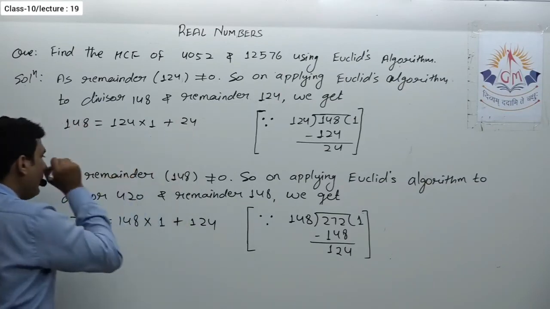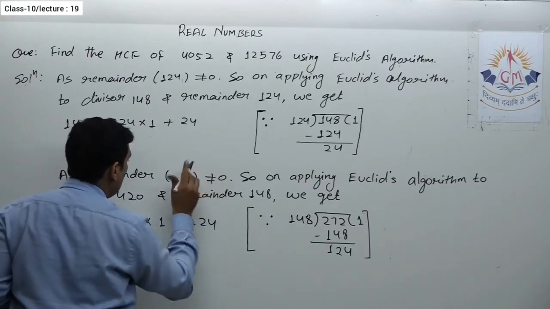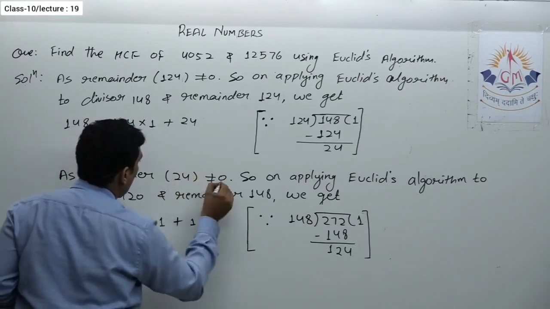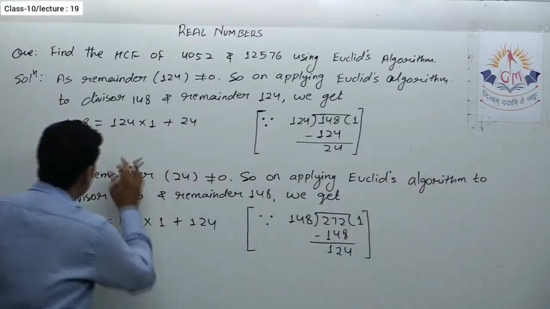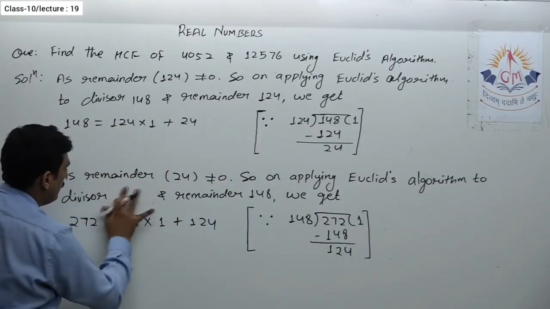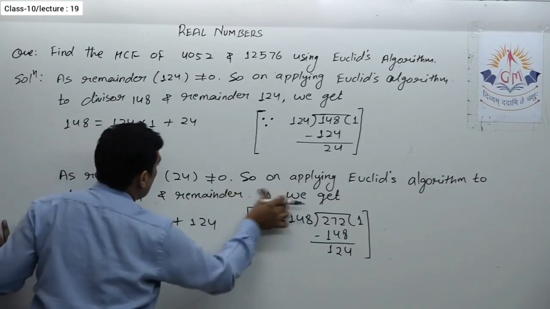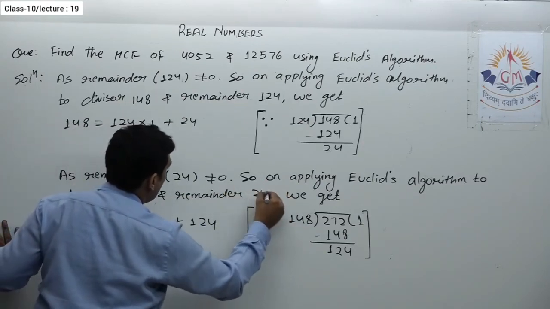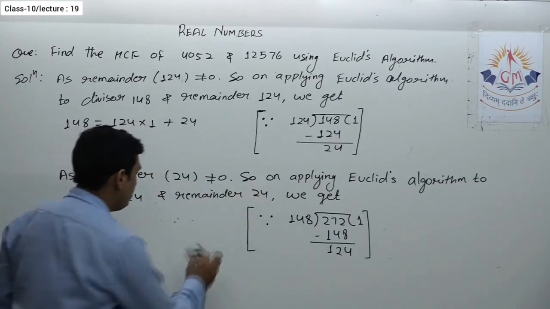That means again I will apply that method. So as remainder 24 is not equal to 0, on applying Euclid's algorithm, now this time divisor is 124 and remainder is 24, we get... Let us see.